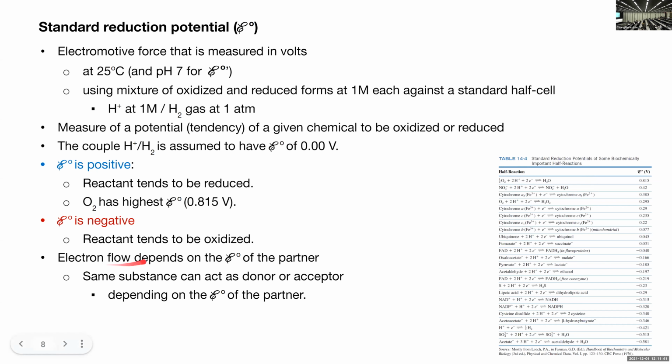And this electron flow basically depends on what kind of partners you have. So that means even if you use the same half reaction, it can work as either a donor or acceptor, depending on your partner, where that is sitting on this table.